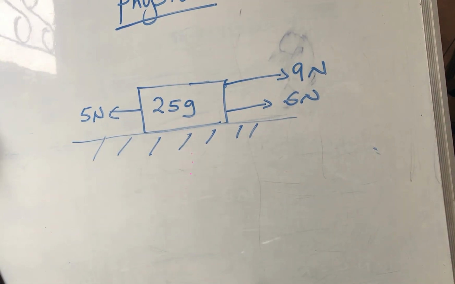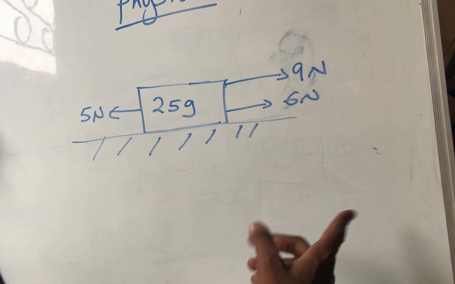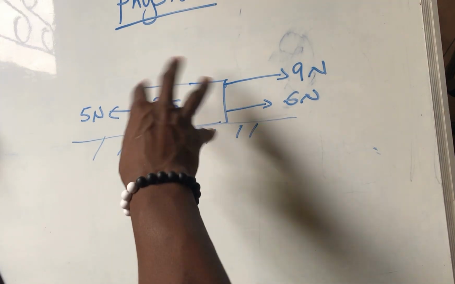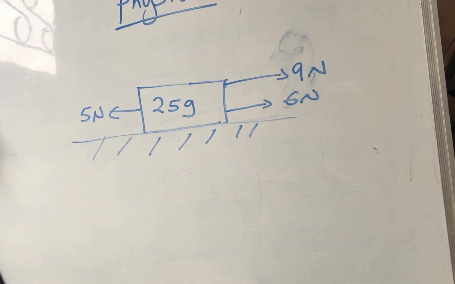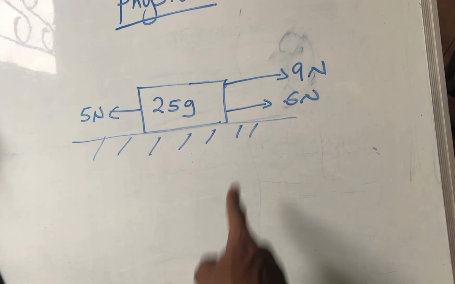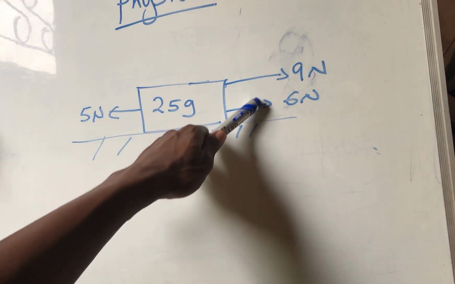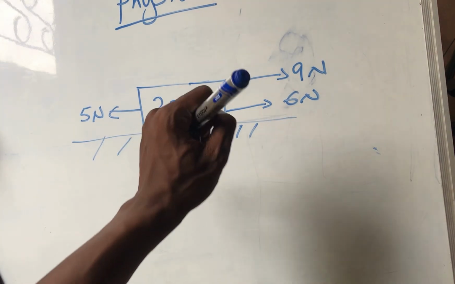The first question is asking us to calculate the resultant force. How do we get the resultant force? Now, I think I sent something like this to the group. So, to get the resultant force here, when you have this body and you've got 3 forces acting on it, these 2 forces here are acting in the same direction. So because they are acting in the same direction, we are going to add them.